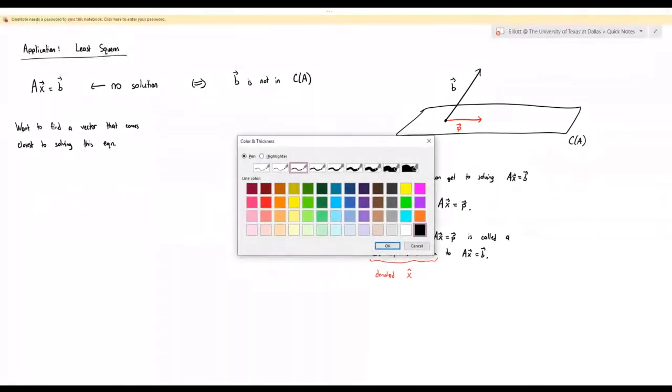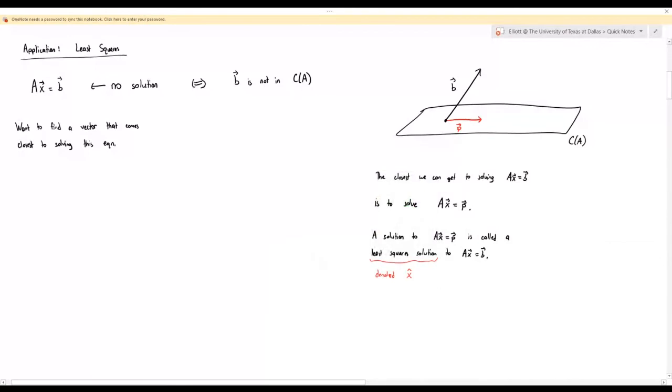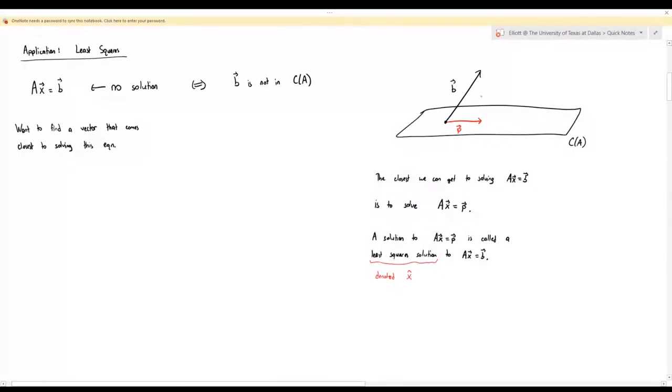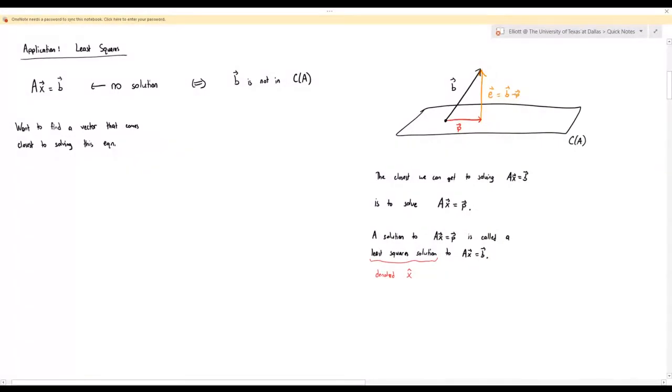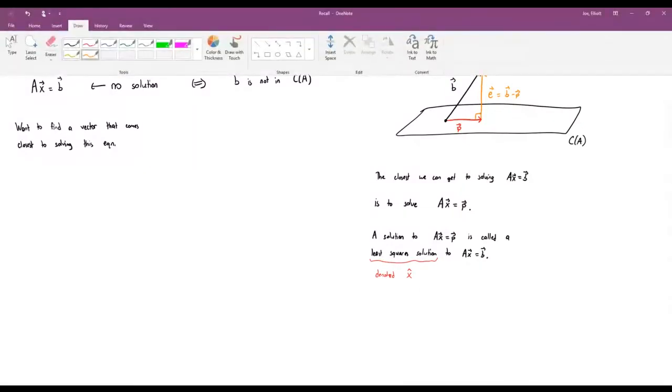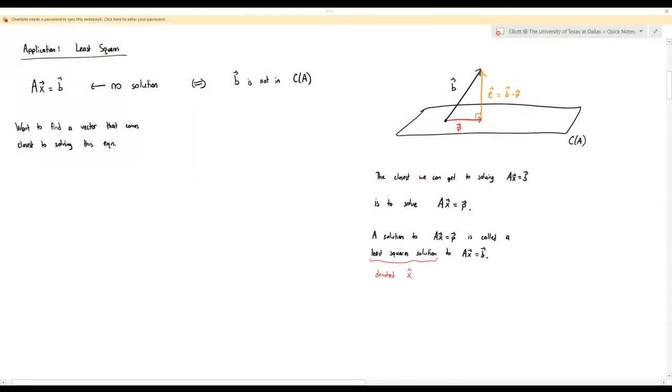So the key is that if we go back to the picture and look at the error vector, which we've been talking about quite a bit as well, the error vector we know is orthogonal to the column space of A. And since this error vector is orthogonal to the column space, we've learned that the orthogonal complement of the column space is the left null space.